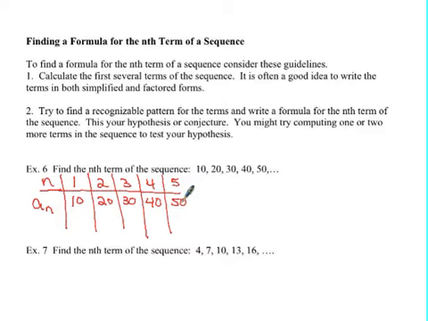So if I want to find the nth term, it's like I'm going out all the way to n. So what could we do to n to get the nth term? This one's kind of easy. All you're doing is taking 10 times n. So your nth term is 10 times n.